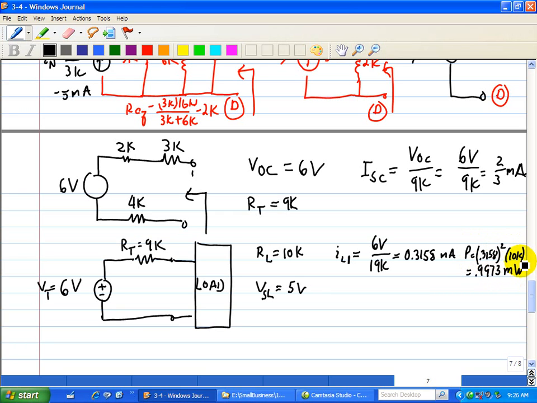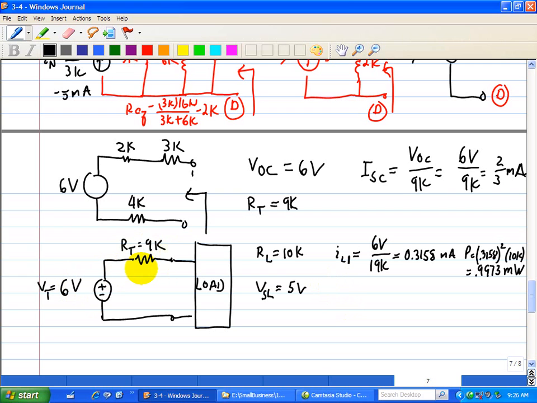For the 5-volt source now, we'll change the load, and notice we didn't change the source circuit. See how it simplifies our analysis when we change the load? So here we have a 5-volt load, so the voltage difference across the 9K resistor is 1 volt, 6 minus 5. So our current going through here is simply 1 volt divided by the 9K.